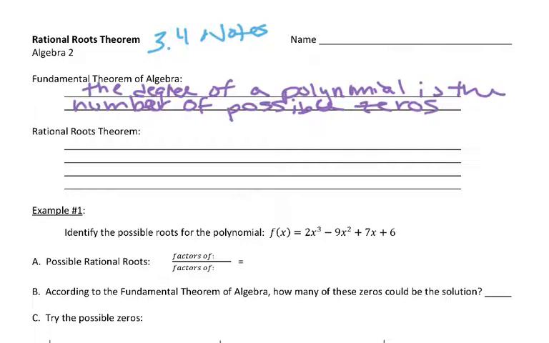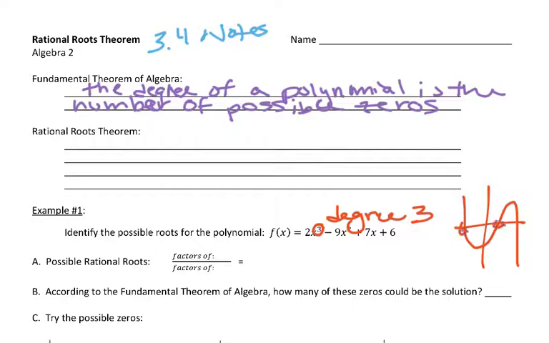So we've kind of alluded to it already, but for instance, let's say we look at this example. Notice that the degree is 3, and so that means it's going to, at most, cross the axis 3 times. It could actually only pass through it once or twice, depending on how it's set up.